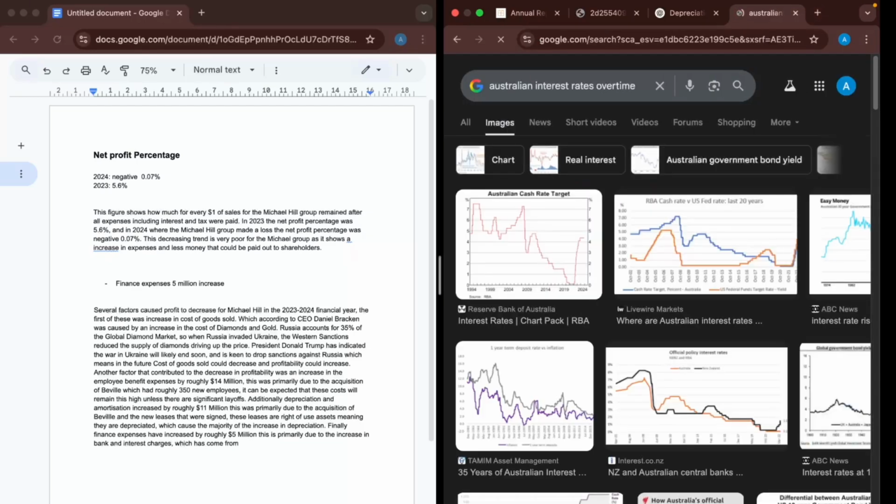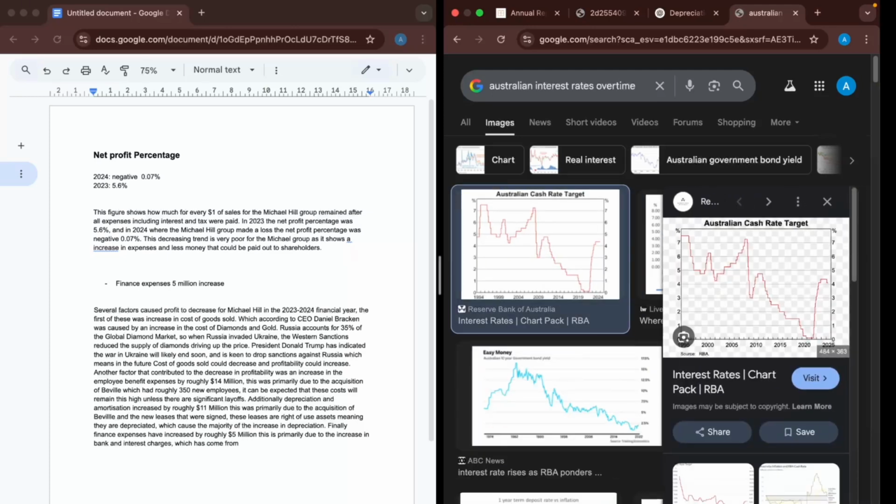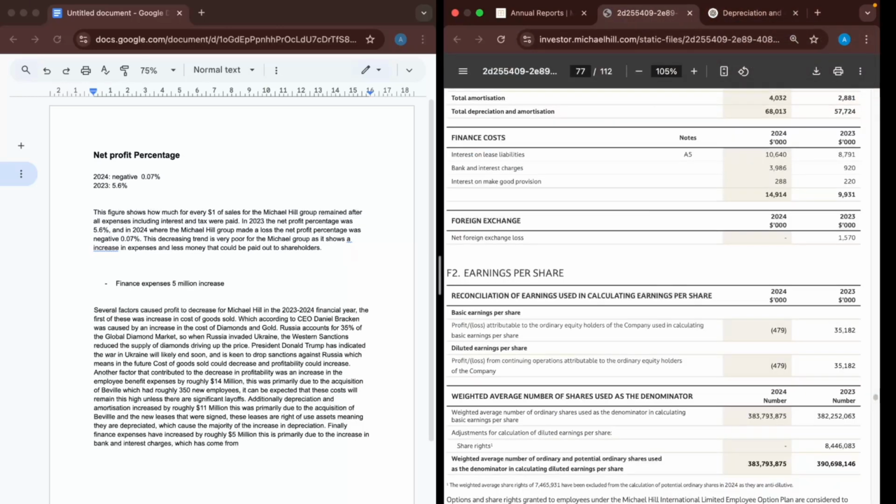Let's have a quick look at this here, guys. Okay, so they actually probably were still increasing. Remembering, guys, this report is 2023 to 2024 financial year, so that's why there would still be an increase. They're coming down now, 2025, touch wood, but we'll say that for now.